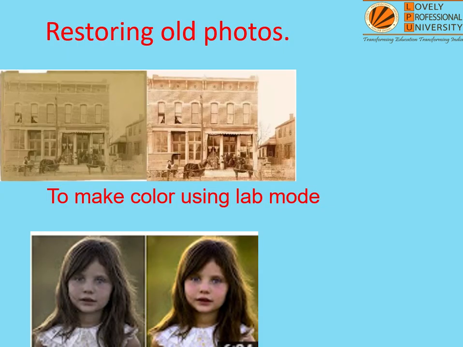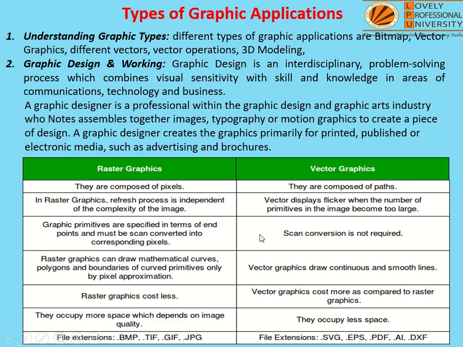Restoring can also be done for old photos. If you have a blurry photo like this, you can use the Photoshop tool to make it more lively, renewed. You can also make different color modes, like black and white, dual tone. We will talk about that in the later part.